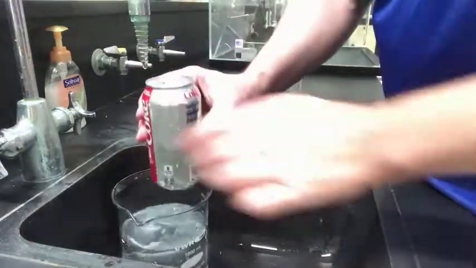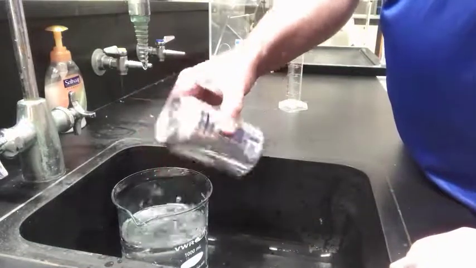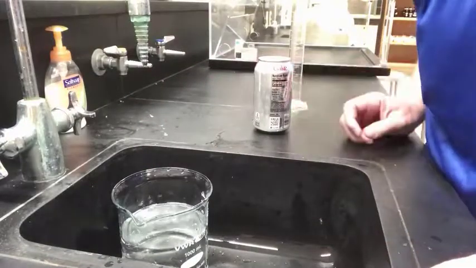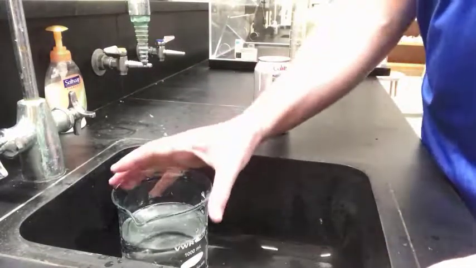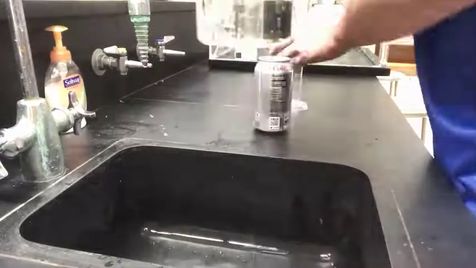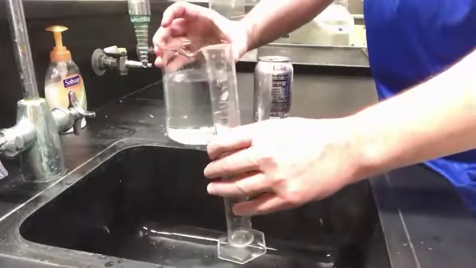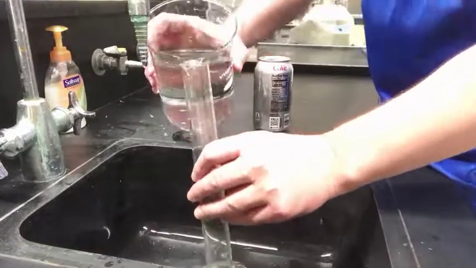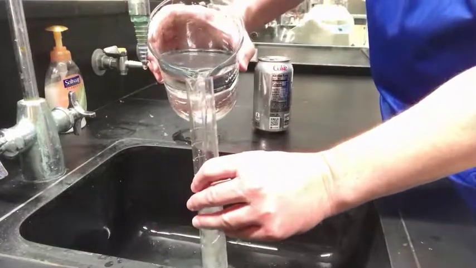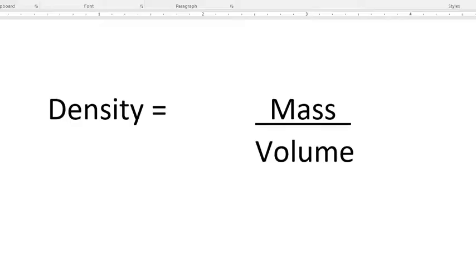The volume of the soda can is displacing water from the beaker. So the volume of water remaining is the difference between the full beaker and the beaker after it's had a soda can added.